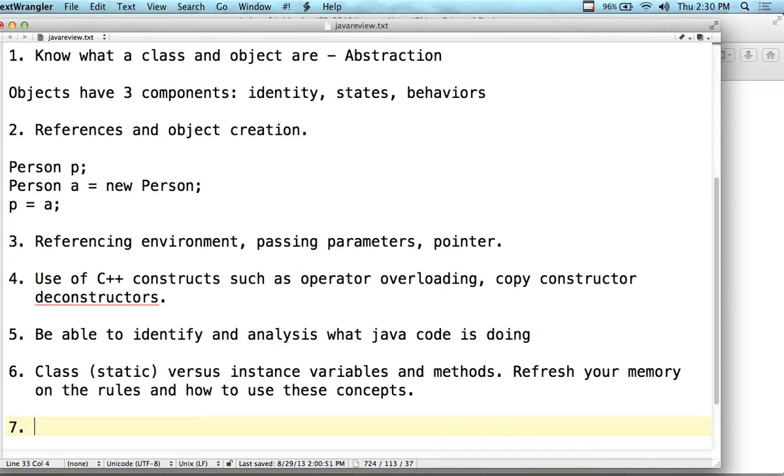Just understand that that's not part of the Java programming language. This one's actually got some funny answers to it.